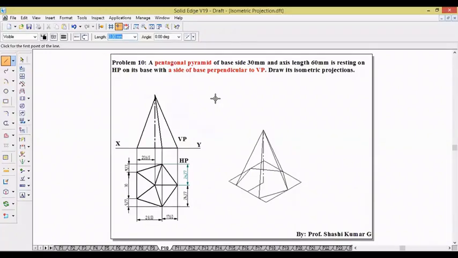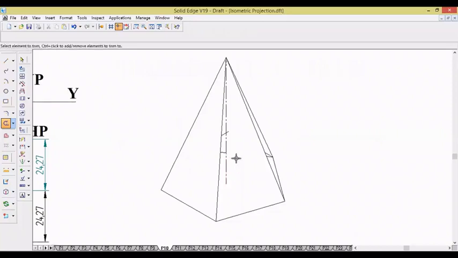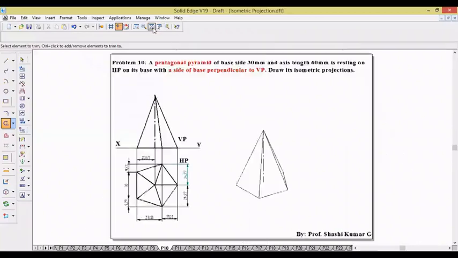So this is the isometric view. Trim the unwanted lines. This is going to be invisible. These are our construction lines. Take zoom in need. And at last, we need to take the isometric scale.